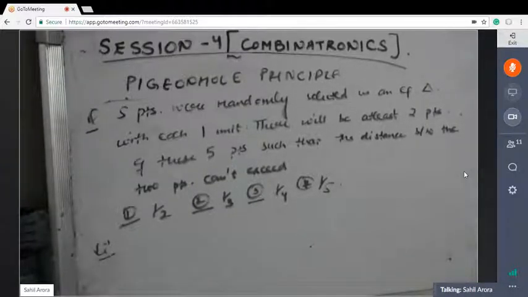Question says 5 points were randomly selected in an equilateral triangle with each side equal to 1 unit. There will be at least 2 points of these 5 points such that the distance between the 2 points cannot exceed; 4 options are given.